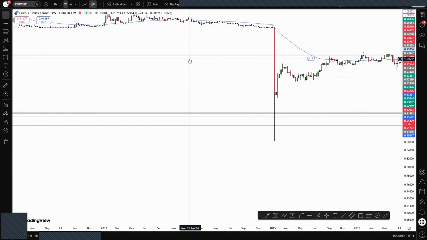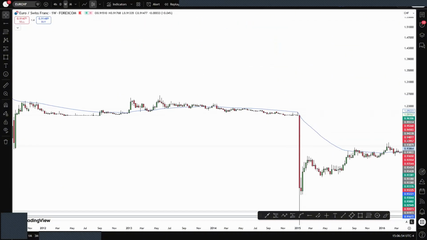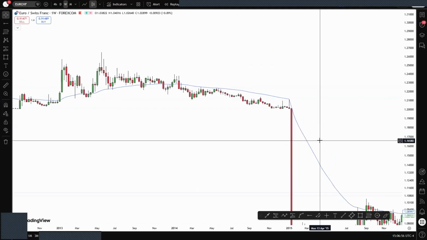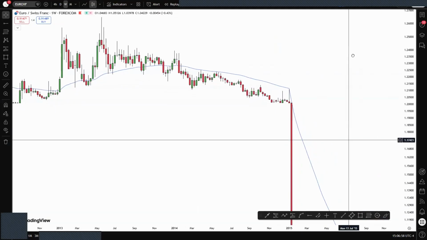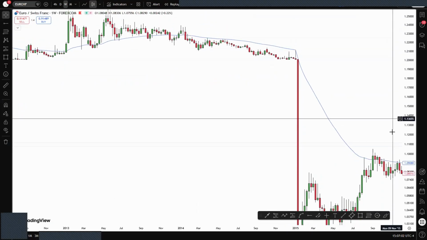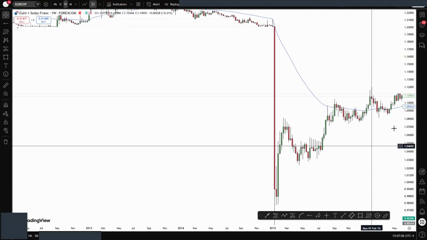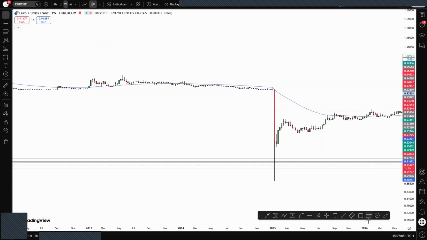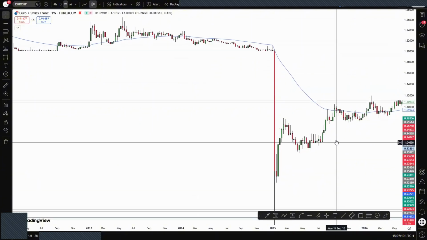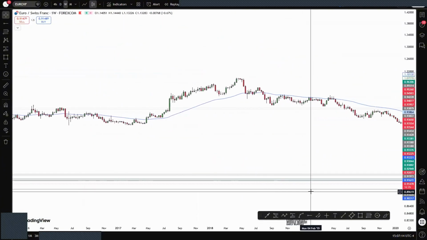So if you took a sale at this level, you'd have made a lot of money. Yeah, but this drop, I've never seen such a long candle before. Wow.